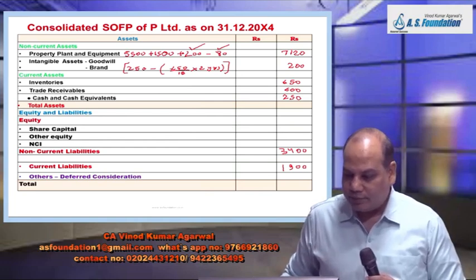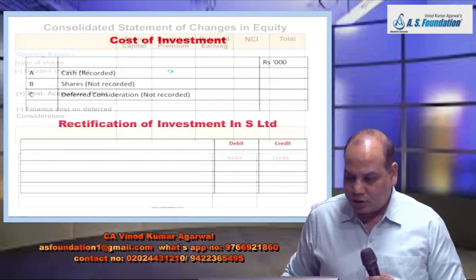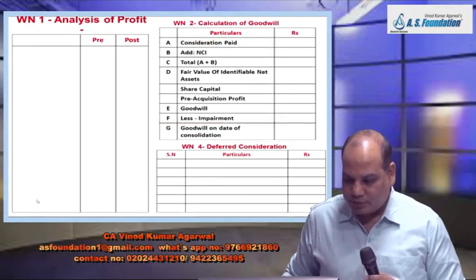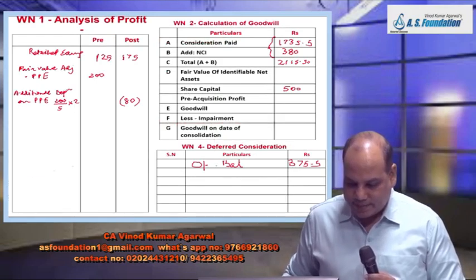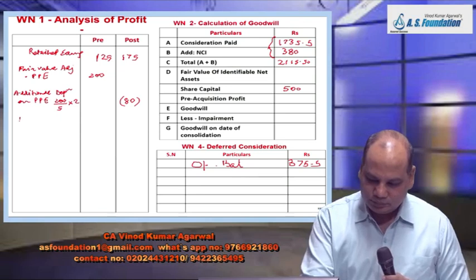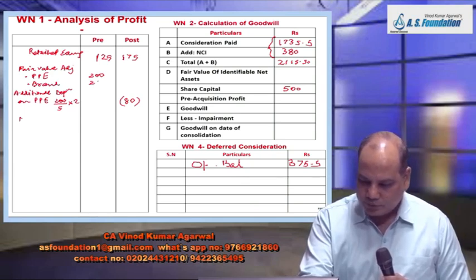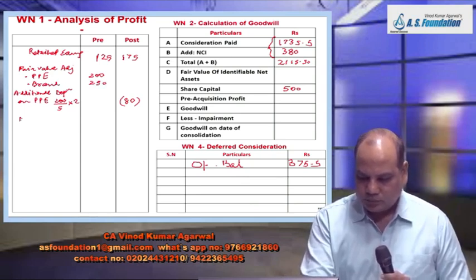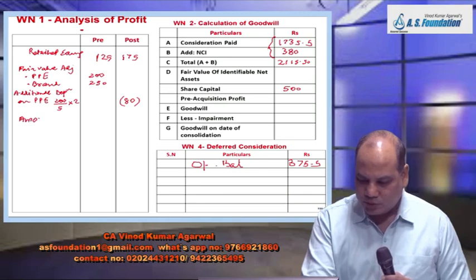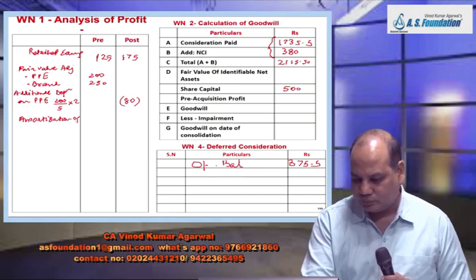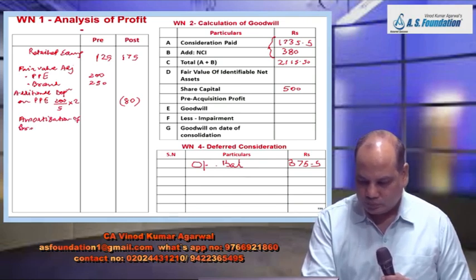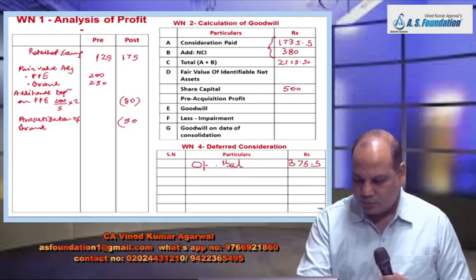Second effect we will give in analysis of profit. Right here, in fair value adjustment brand 250. And then write down amortization of brand 50. Is 50 right?